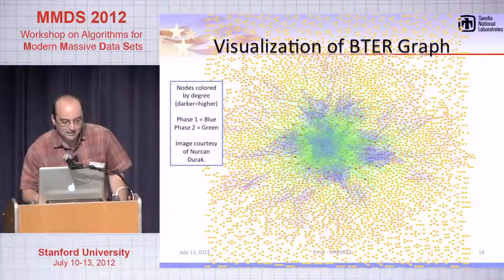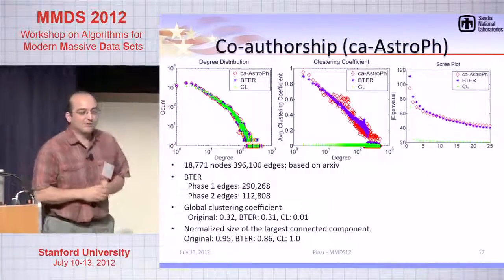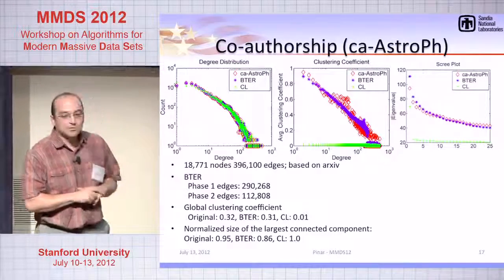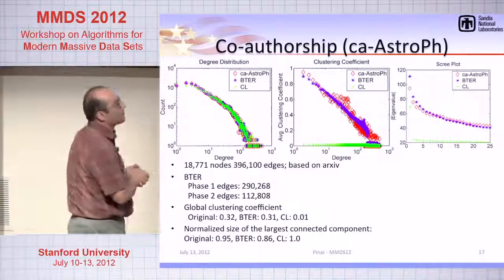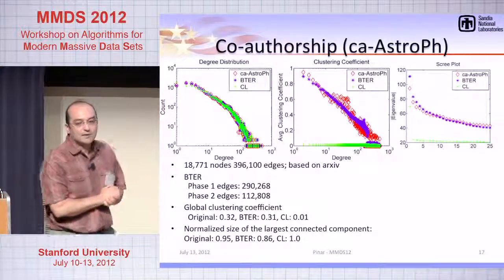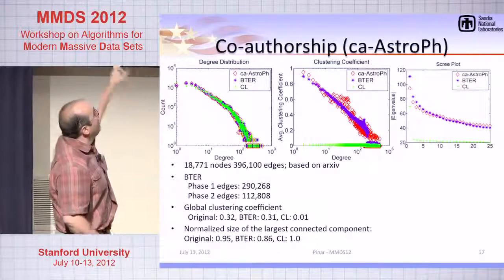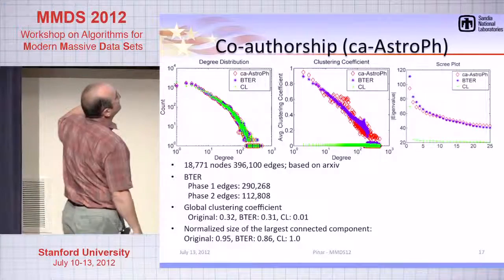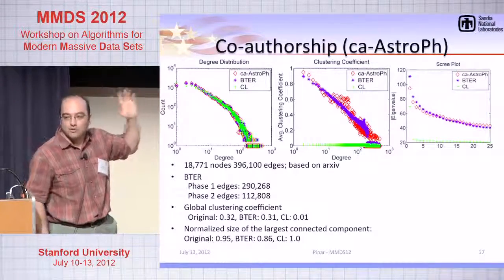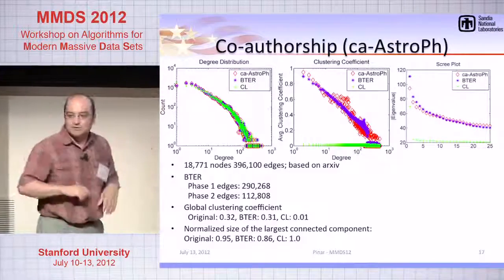All right, so can we regenerate the graph properties? Here we took one graph, a co-authorship graph for astrophysics, and we have the BTER and CL versions, and we compare them. The first plot on the left is the degree distribution. Yes, we can reproduce the degree distribution. CL can do the same thing, so that's a check.